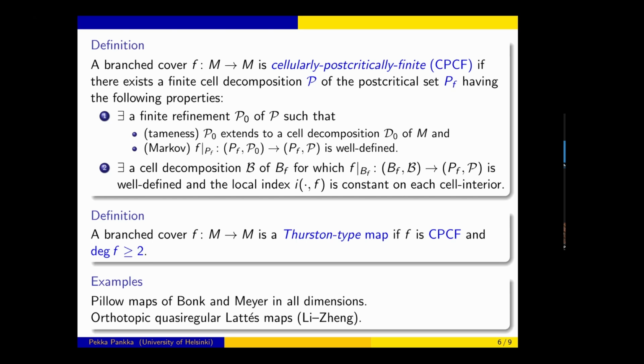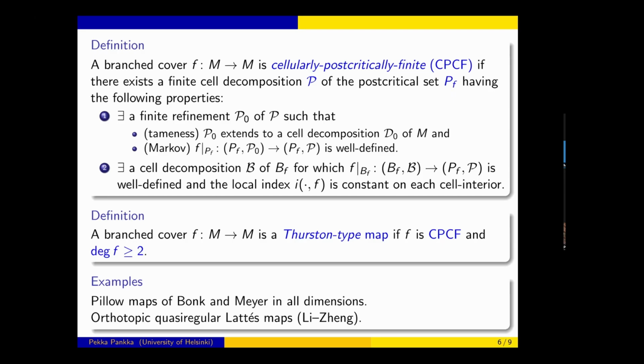What we really want is that the P is already such that we have chopped things up enough so that all the interesting behavior of the local index happens on the boundaries of these cells. So that's the technical thing.